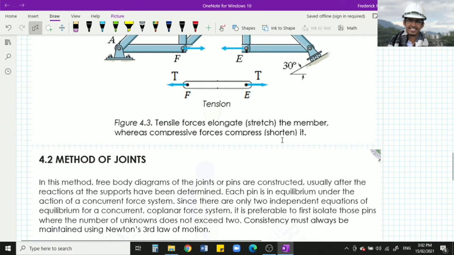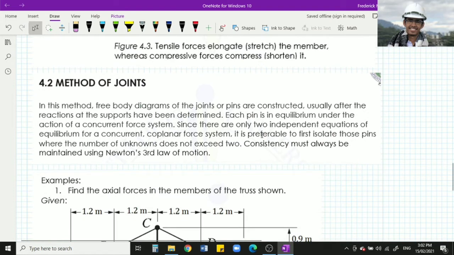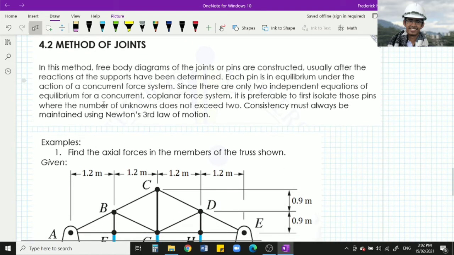Okay? So let us proceed sa pag-a-analyze ng ating trusses. So in analyzing construction trusses, meron tayong dalawang method. So first is yung method of joints. In this method, free body diagram of the joints or pins are constructed, usually after the reactions at the supports have been determined.